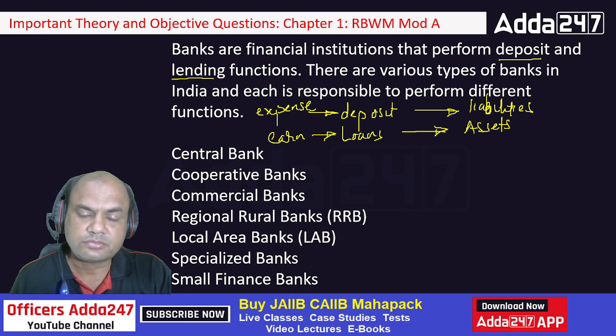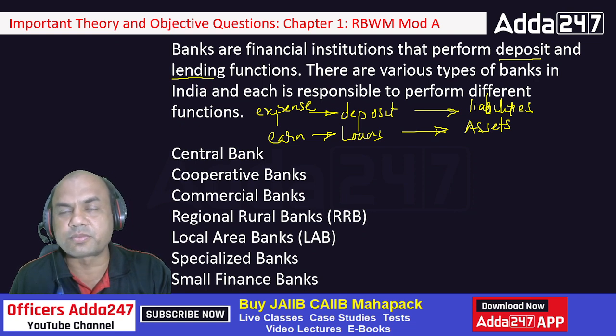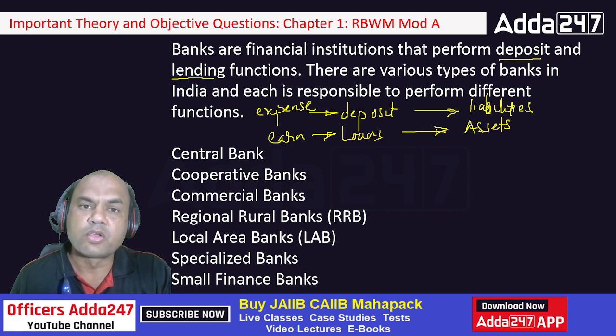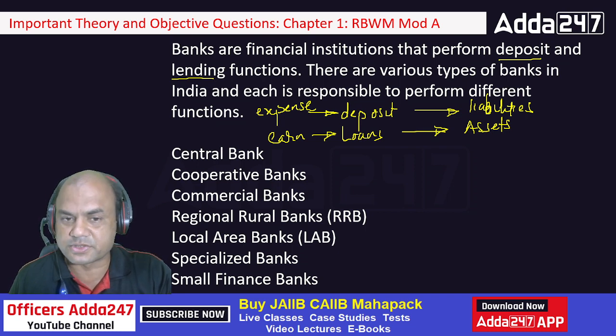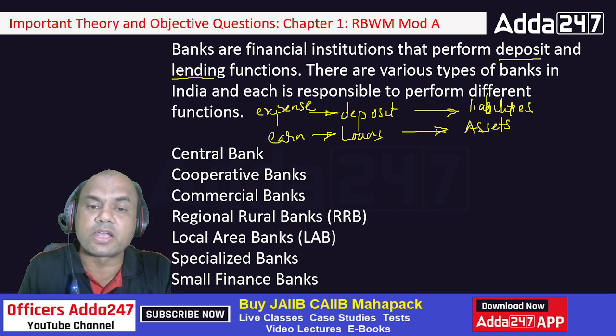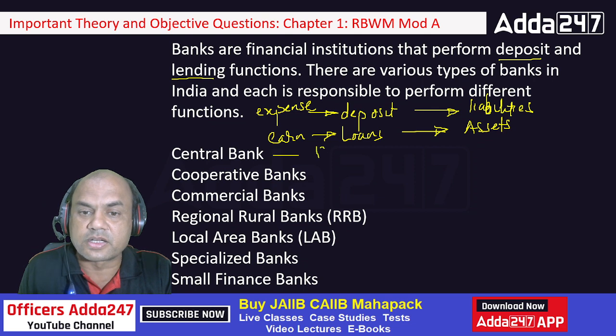Now there are various types of banks in India and each is responsible to perform different functions. There are n number of types of banks. Now understand the types first, a very important classification. One is the central bank. Central bank in India is RBI.